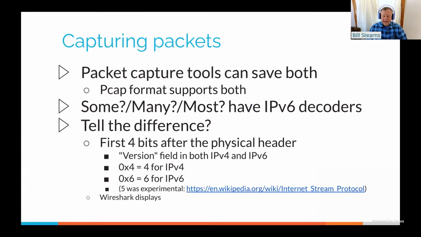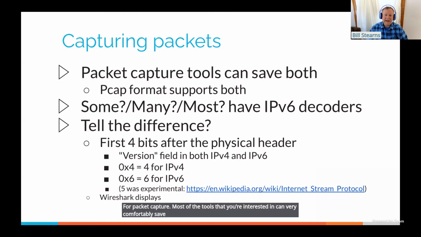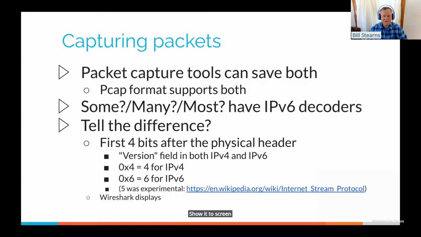For packet capture, most of the tools that you're interested in can very comfortably save both. Because remember, most packet capture tools are basically handed a block of stuff and they save it to disk, or they analyze it, or they show it to screen somehow, or they come up with statistics. Not all of them do, but many do.